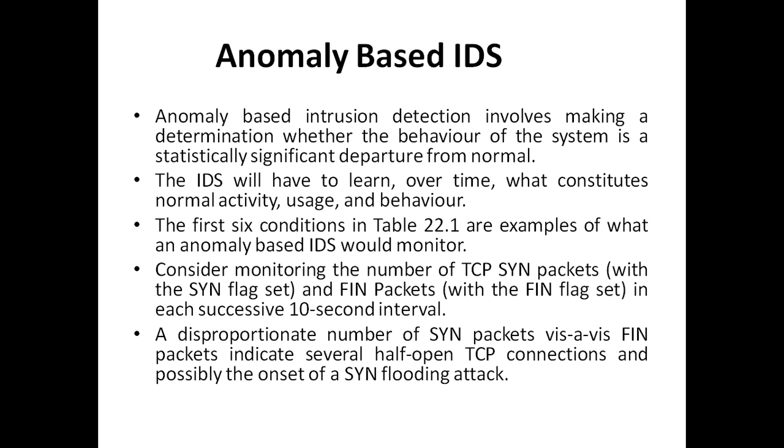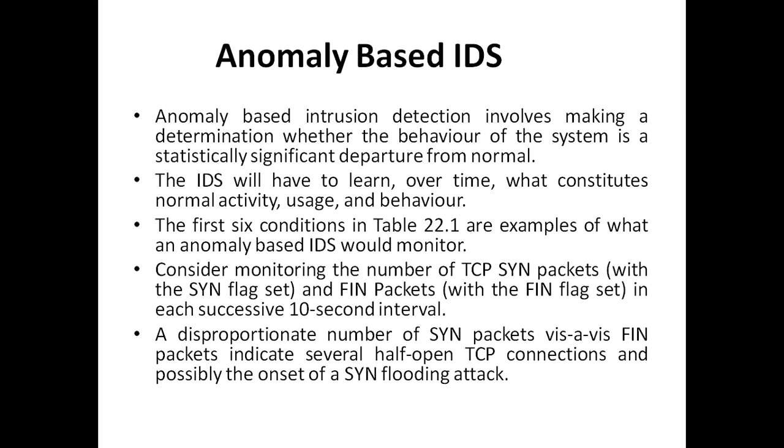And if you see it vary from or increase over the normal usage or normal behavior, then we can say it is an intrusion. The IDS will have to learn over time what constitutes normal activity, usage and behavior. So in the examples we have seen in Table 22.1, the first 6 conditions are examples of anomaly based IDS which would monitor.